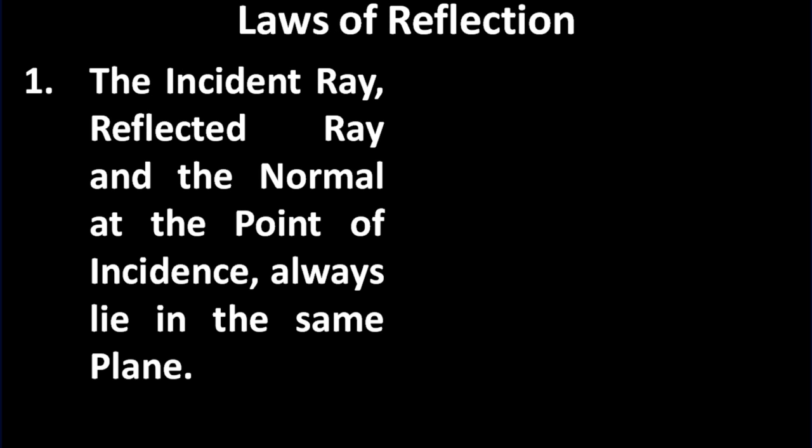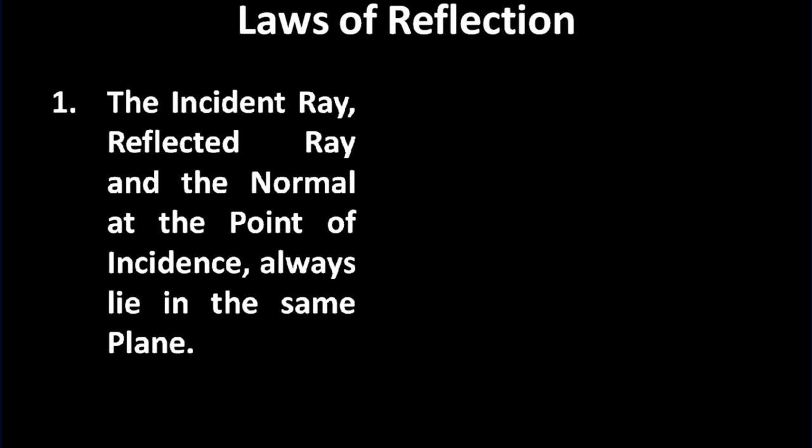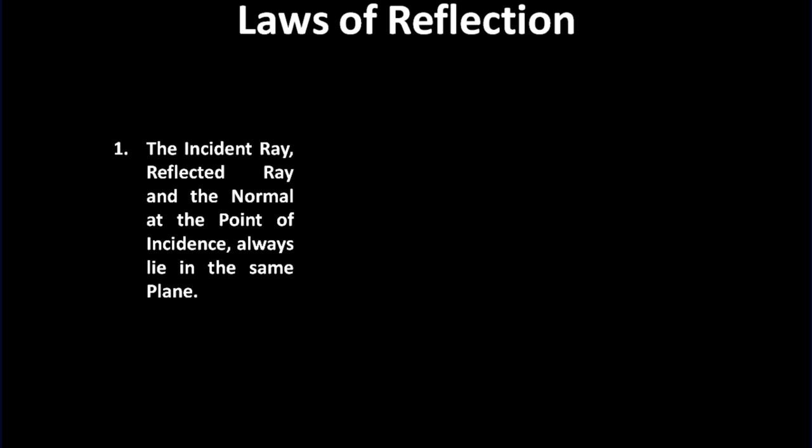Let us study the laws of reflection. The first law is the incident ray, the reflected ray, and the normal at the point of incidence always lie in the same plane. Let us understand this with the help of a figure.